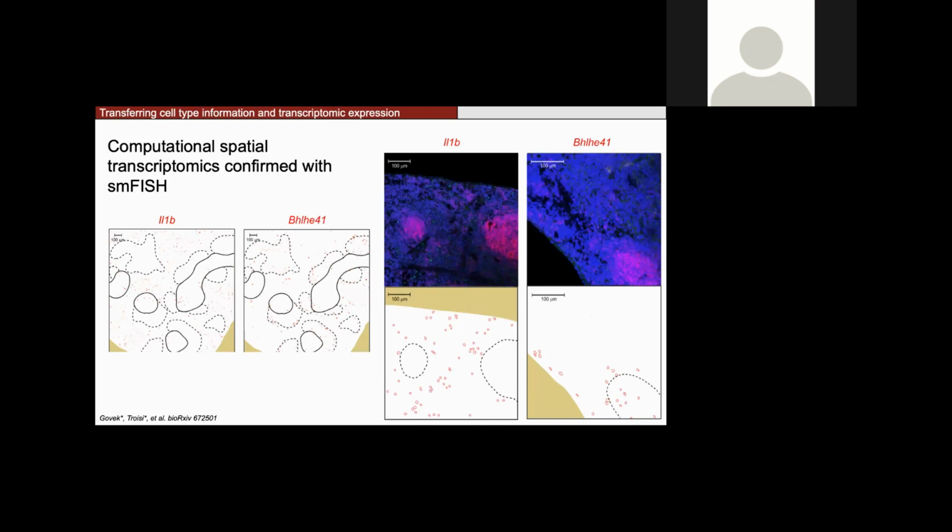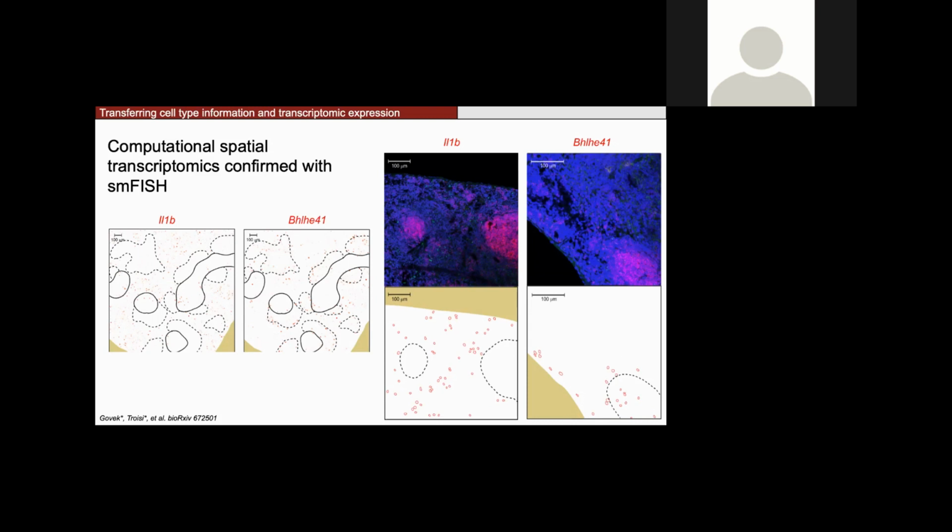So we can also take the gene expression from these site-seq cells and plot it on the associated codex cells to computationally predict where gene expression will show up in the tissue section. So we've chosen two markers here. IL-1B is a marker for a few red pulp cell types like macrophages and monocytes.